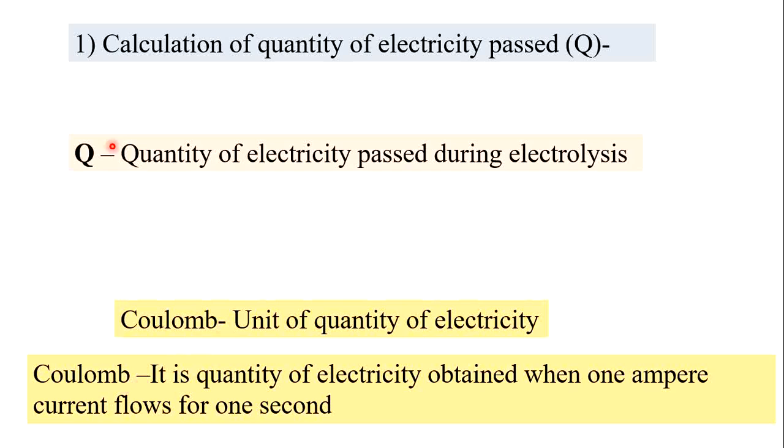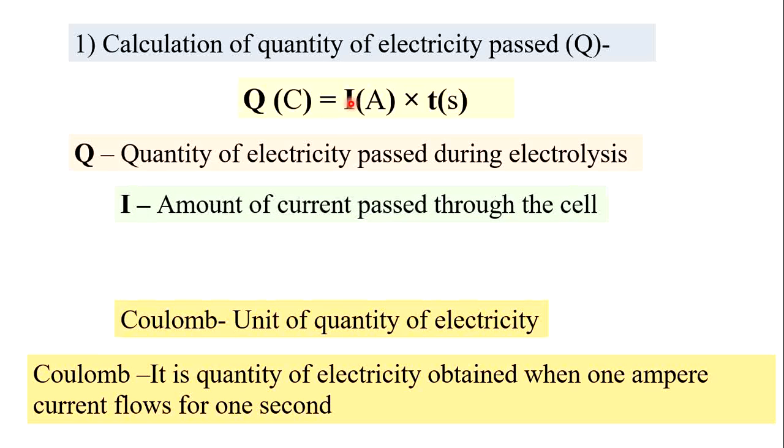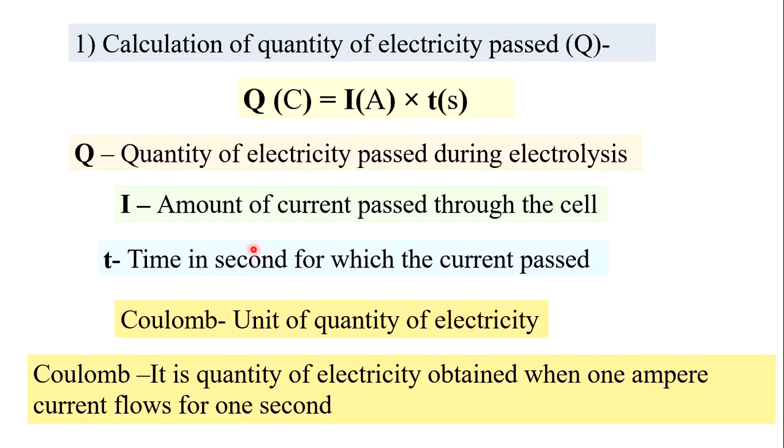So we have to find out Q, how many coulombs of electricity are passed through the cell during electrolysis. That can be calculated using the relation Q is equal to I t. I means the amount of current passed through the cell, and small t means the time in seconds for which the current is passed.